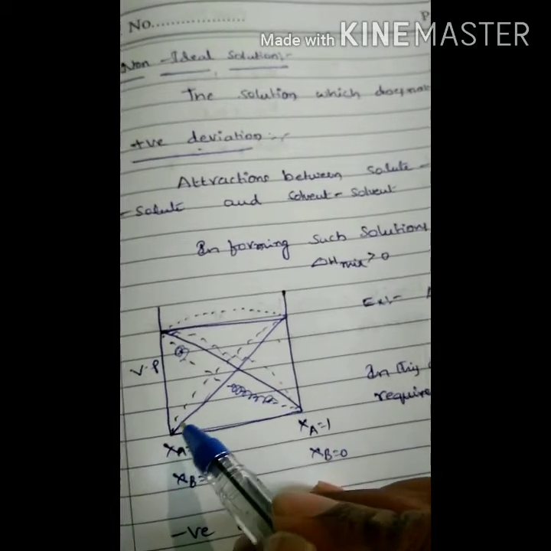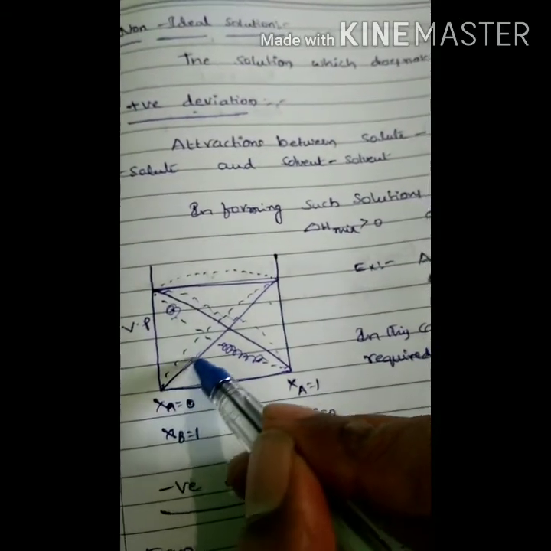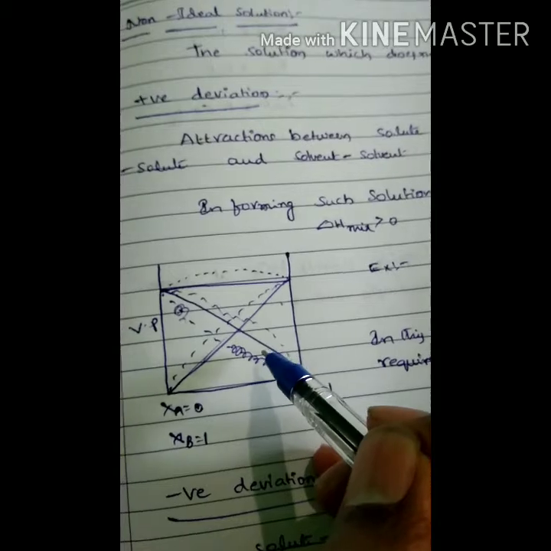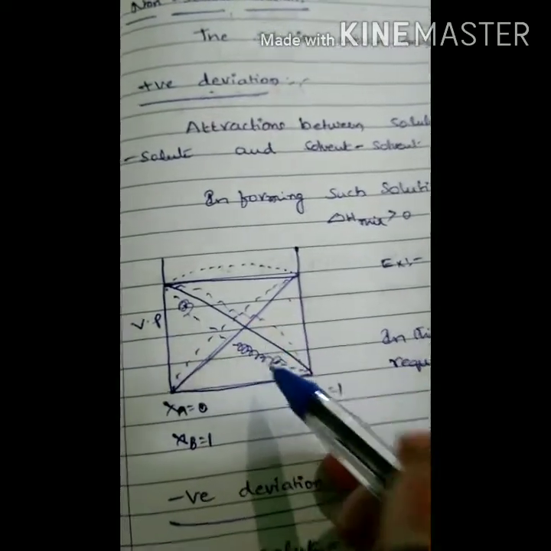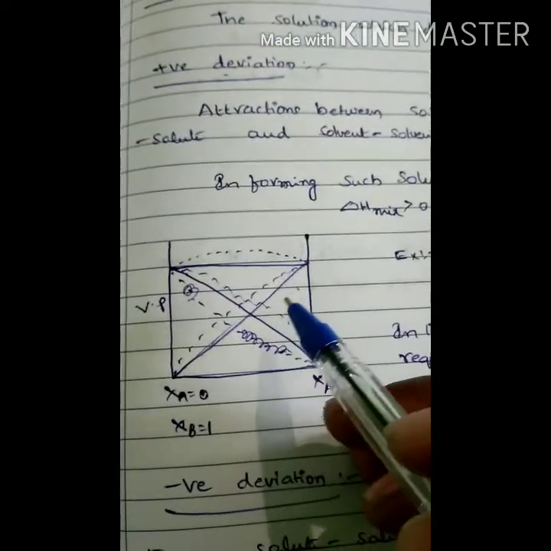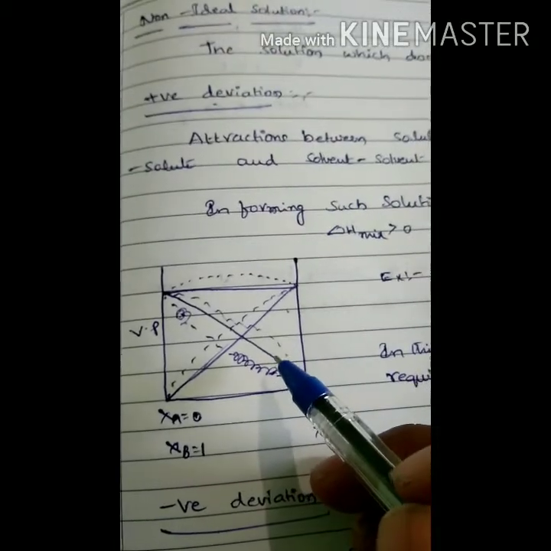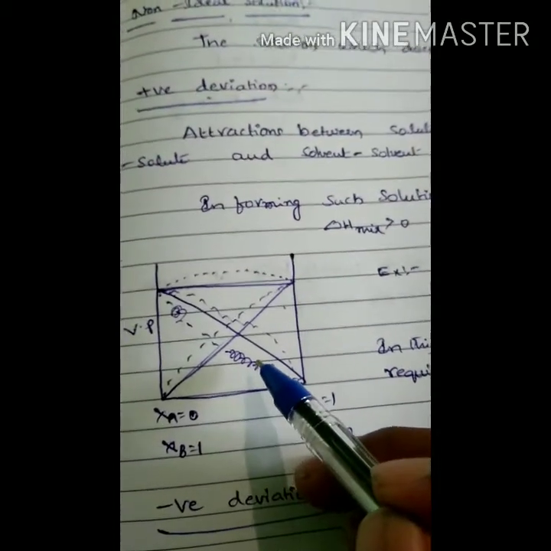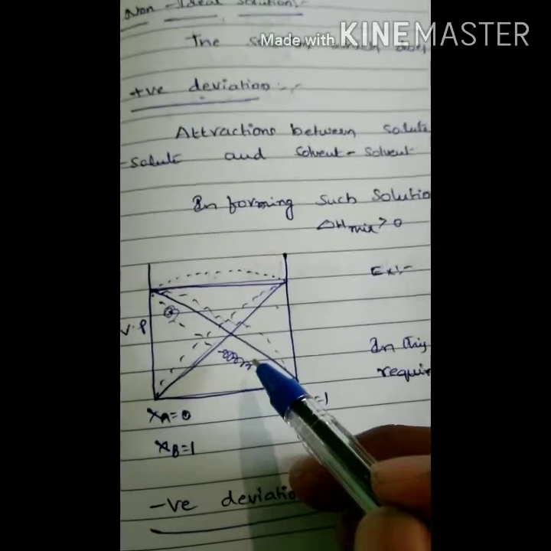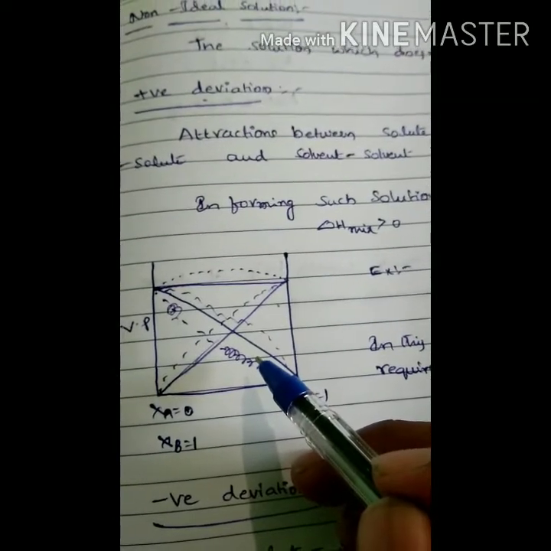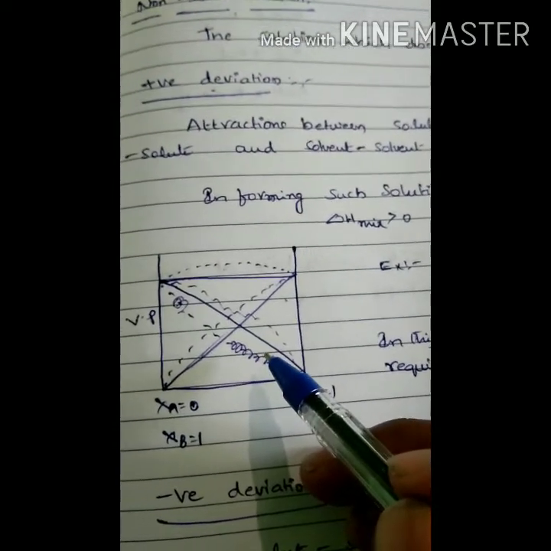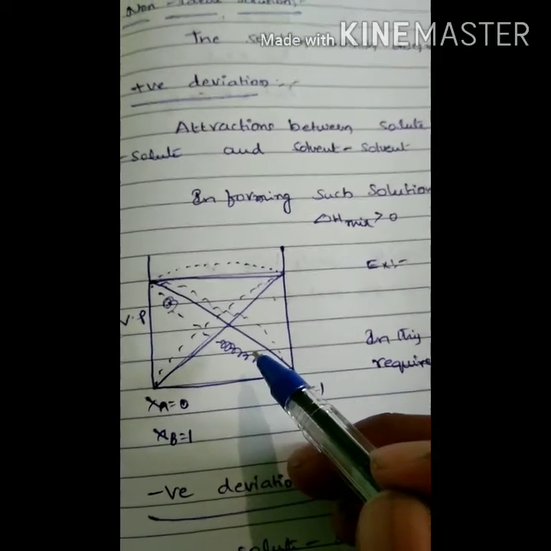So these dark lines indicate the ideal solution. This is the expected vapor pressure. But here what happens? The attractions between solute and solvent are very less. So if attractions are very less, they exhibit more vapor pressure than expected.